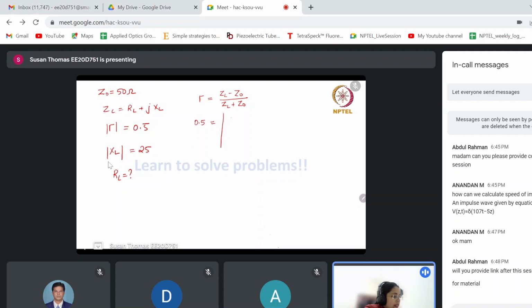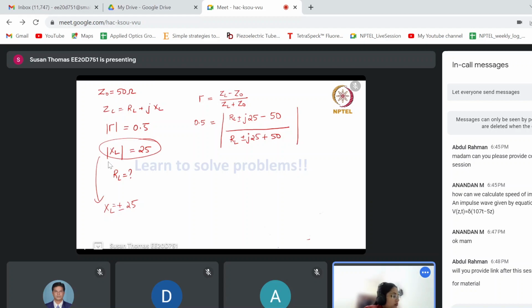ZL is RL, we don't know RL, plus jXL. The magnitude of XL is 25, so XL could be plus 25 or minus 25. So (RL plus or minus j25 minus Z naught, which is 50) divided by (RL plus or minus j25 plus 50). This is the magnitude of the reflection coefficient.